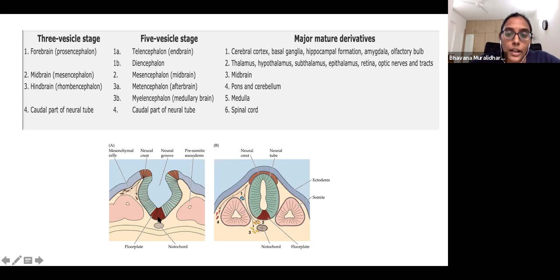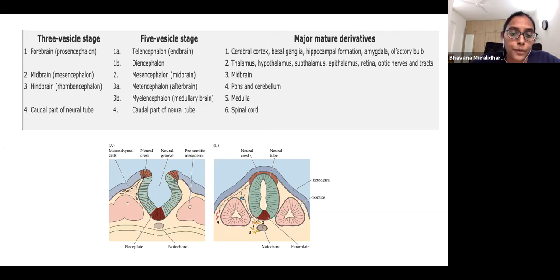And so what I've shown here are such signaling centers. One such is the notochord itself, because in the very beginning, it's only the notochord. And the notochord sends signals to say that anything on top of me has to now become the neural ectoderm. So the notochord is one such signaling center, and I'll come to in a bit what the notochord secretes.